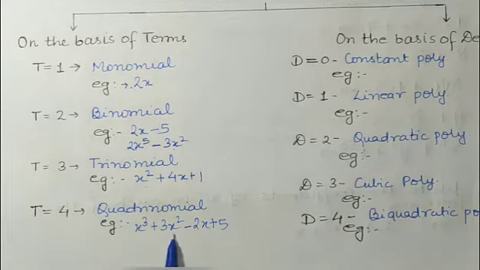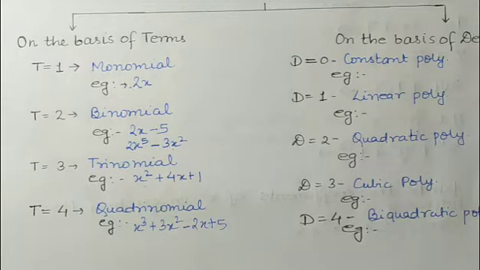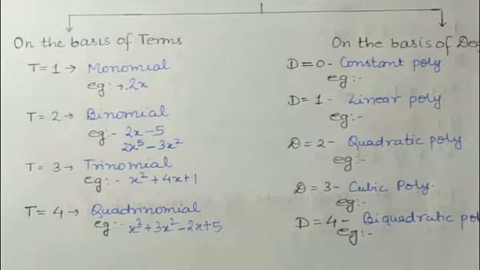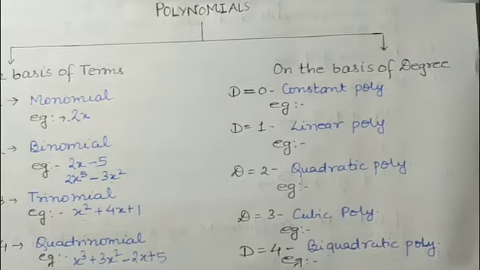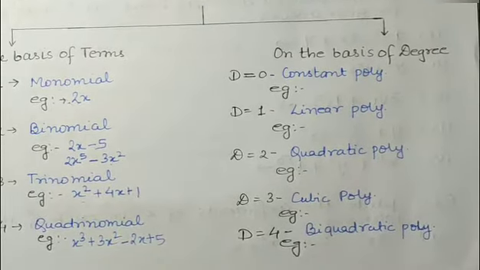This polynomial is having four terms, so it will be known as quadrinomial. Okay students, now we will see the categorization of polynomials on the basis of degree.